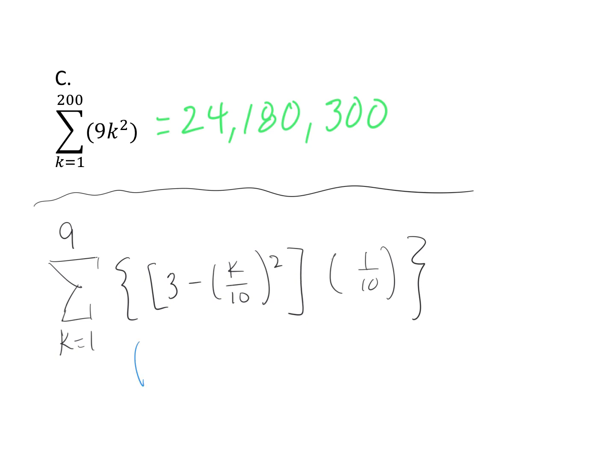So I have this. There's one for my brace. This one's for my bracket. 3 minus. There's another parentheses. K divided by 10. Squared. Close my bracket.